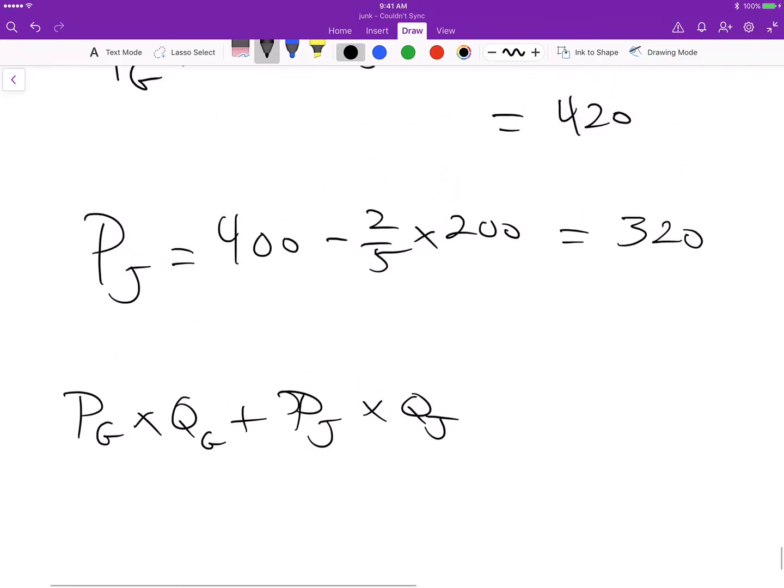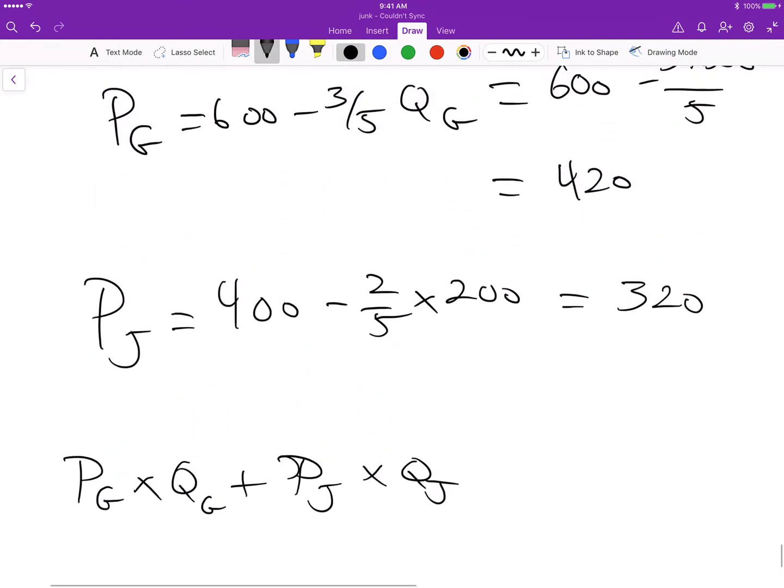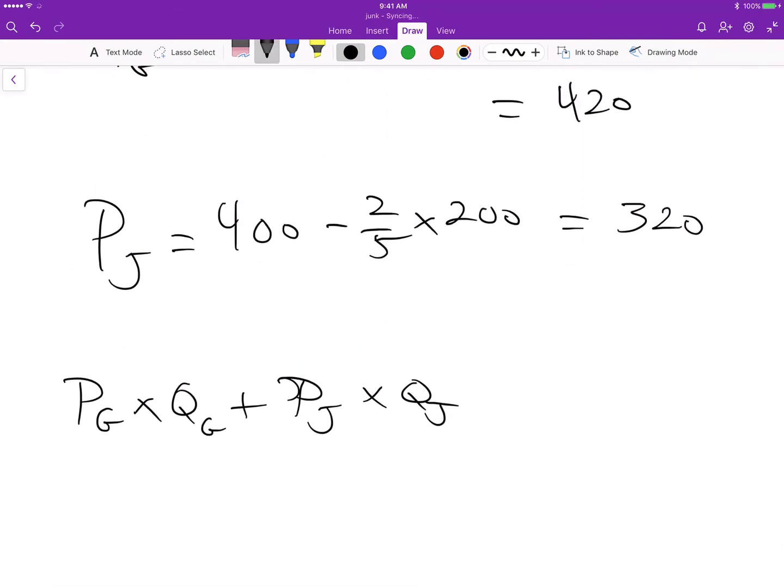That will give us, from our equations here, 420 times 300 plus 320 times 200, and if we pull out our calculators, that equals 190,000. So that's the best they can do.